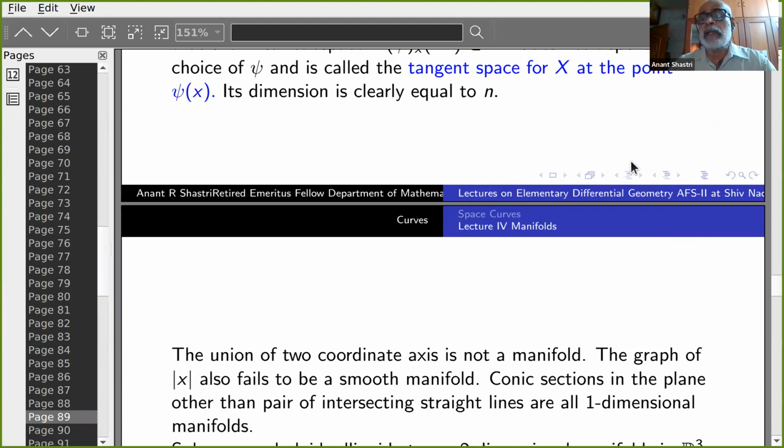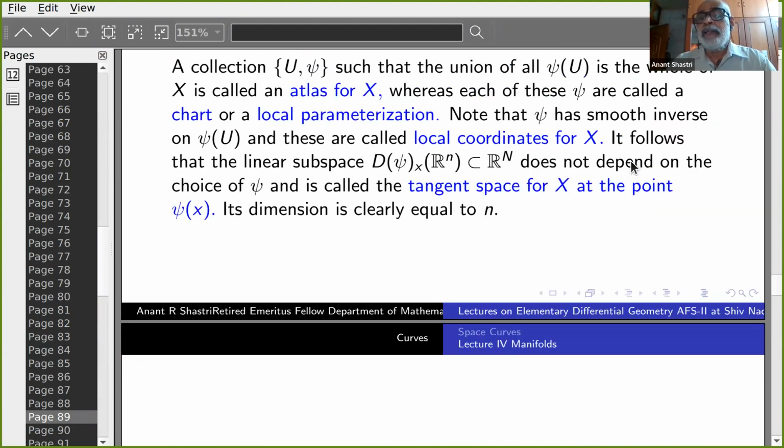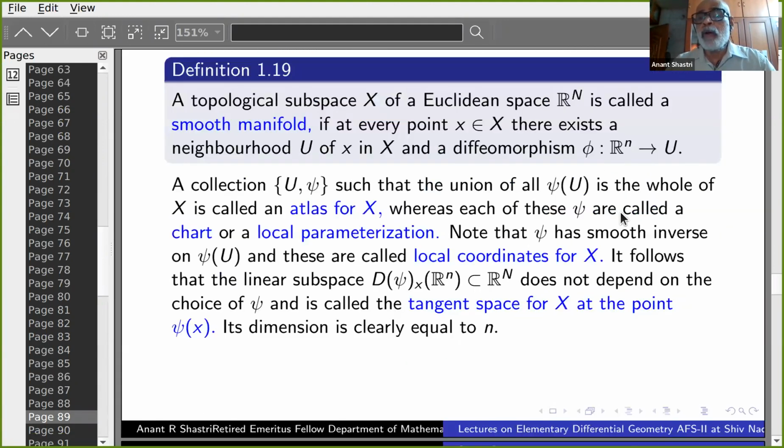Whole of Rn I have taken. It includes open intervals, open disks also, open rectangles also, and so on, because elementary topology tells you that an open disk is diffeomorphic to the entire Rn. So in the definition you can put Rn very safely, but immediately you can see that it need not be the whole of Rn.